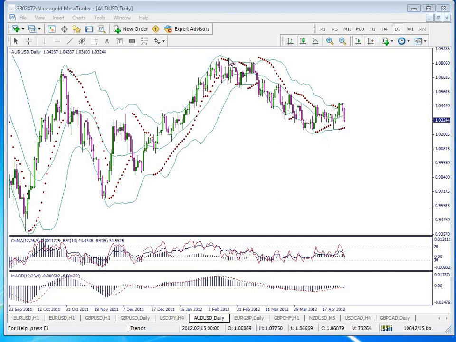So actually this is the reason why the Australian dollar started to go into a downtrend.